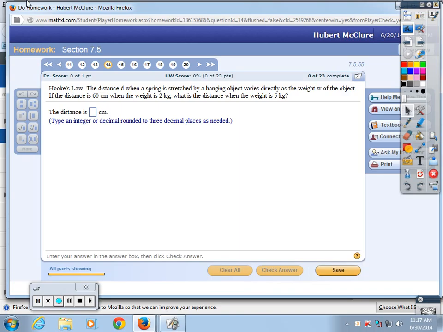Respectively means the equation is going to be respective to the order it is in the problem. So D comes first, so D is going to replace what? Good job. W is going to be in place of what? Why not K? Because K never changes. K always stays K.